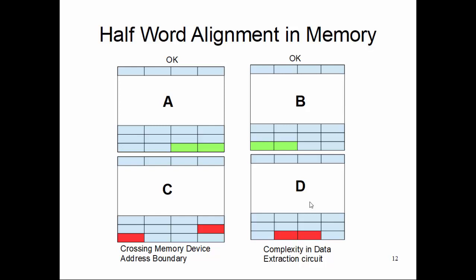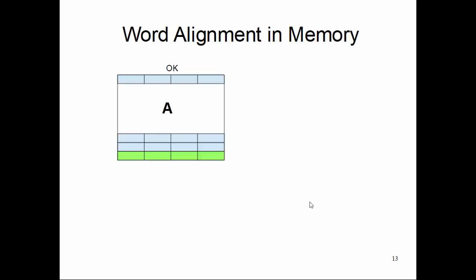Similar logic, similar understanding can be applied to word alignment in the memory as well. One whole word, which is 4 bytes, is issued with an address divisible by 4, and the first 2 bits are dropped.